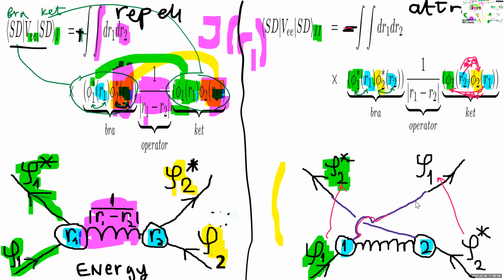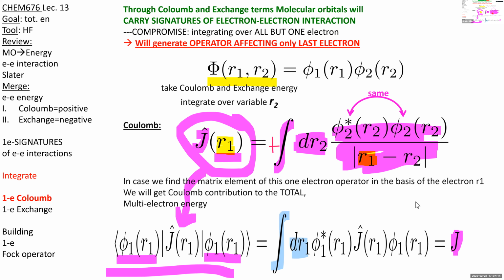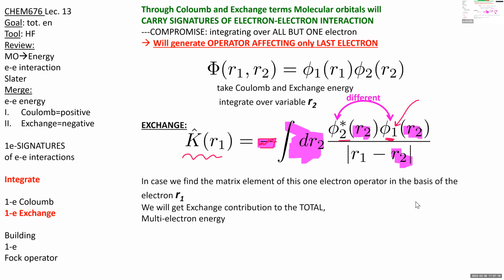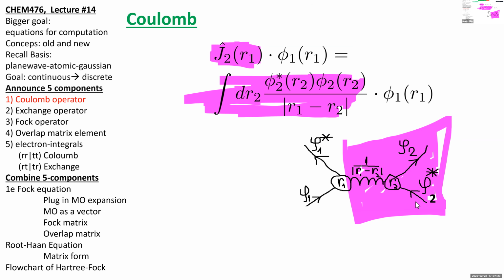It will have a minus sign and stabilization, but we need to wrap our mind around how to make an average around electron 2 and how to make it a one electron orbital, one electron operator. Okay, so we need such an operator that would act.